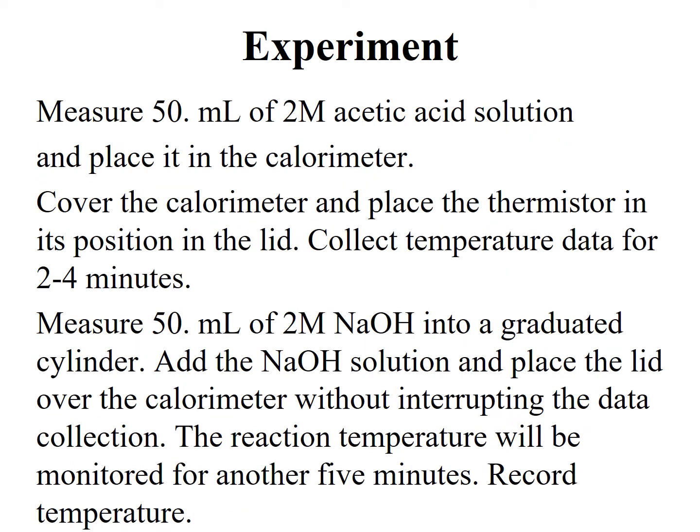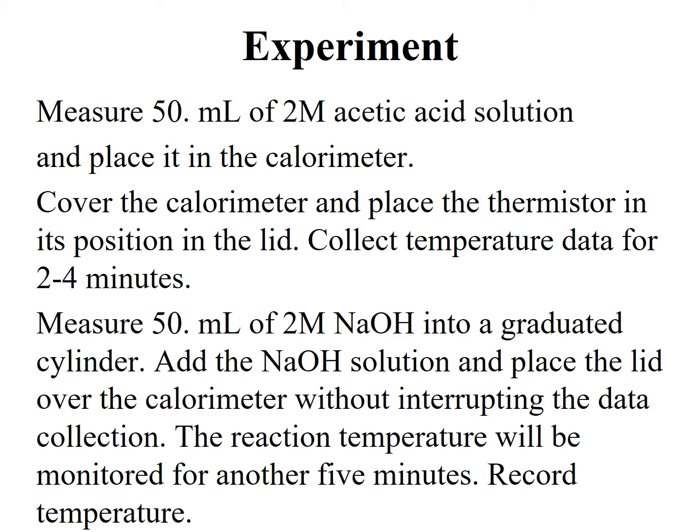Now for the second part of the experiment, we're going to mix several reagents and determine the heat of reaction. First, measure 50 ml of 2 molar acetic acid solution and place it in the calorimeter. Cover the calorimeter, place the thermistor in its position in the lid, and collect the temperature for 2 to 4 minutes.